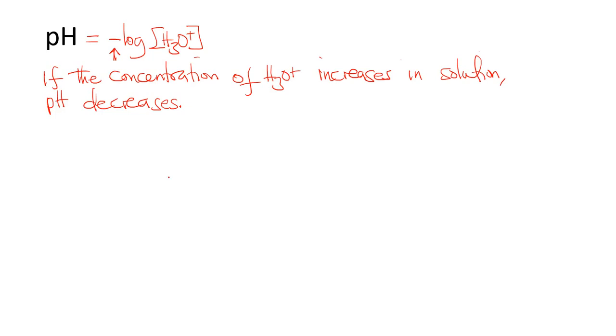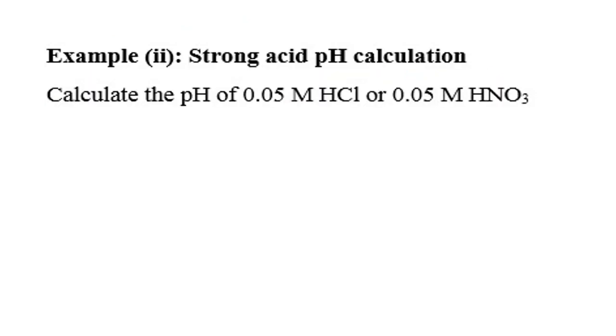Now let's look at problems that we can solve when we know that the pH is given as negative logarithm of the concentration of hydrogen. So we'll start by solving the pH of a strong acid.